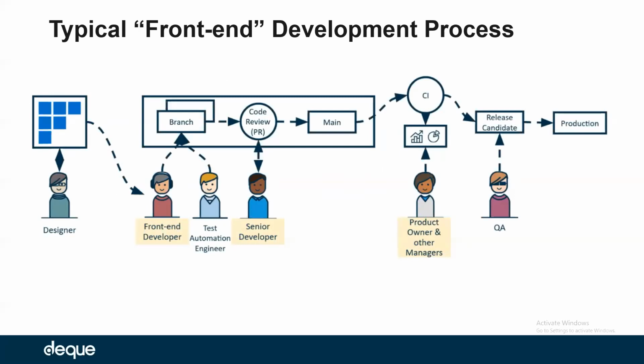Once the designer comes with the design, the front-end developers start building the particular UI, whether using React or pure HTML or Vue. And they do the code check-in. Senior developers in the team review the code, and they can either accept your check-in or reject it. So your pull request, basically.